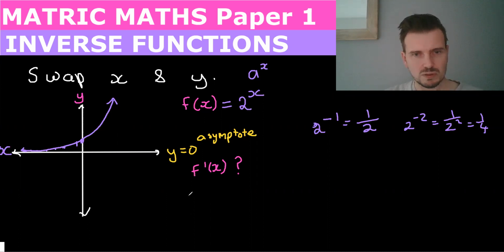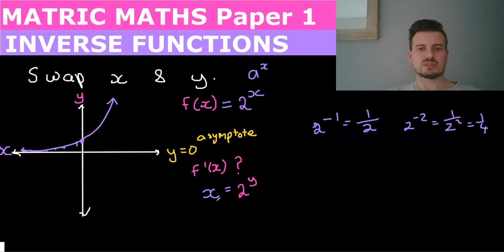So y just becomes x, and x just becomes y. So x is 2 to the power y. Okay, so we've swapped them.